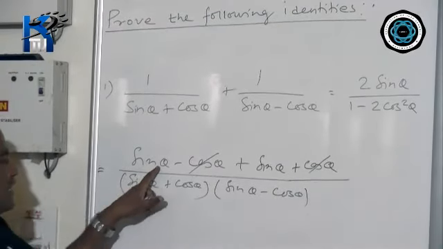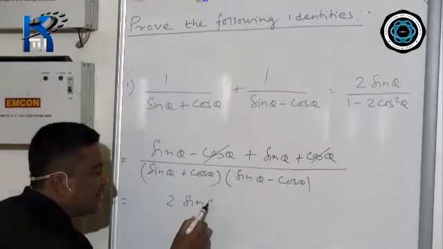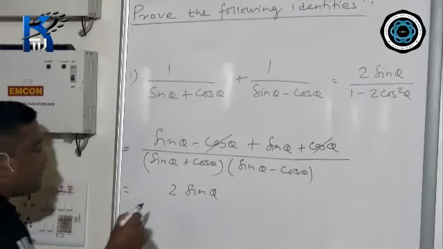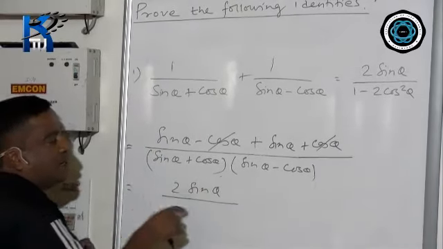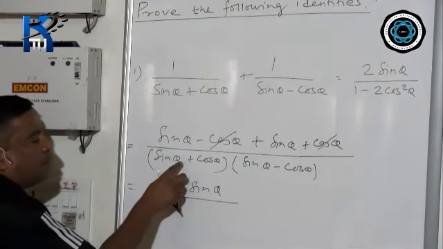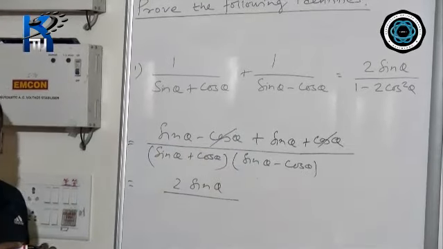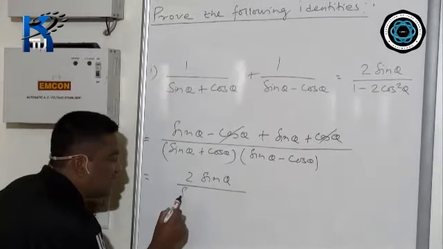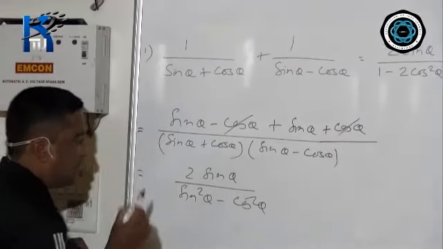Now, sin theta plus sin theta is 2 sin theta divided by (sin theta plus cos theta) into (sin theta minus cos theta). Just imagine, (a plus b)(a minus b) is a square minus b square, which is sin square theta minus cos square theta.